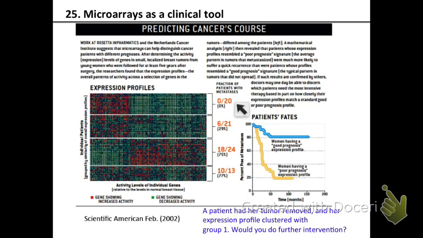And now you're wondering if you want to do further intervention, which is very unpleasant and has lots of side effects. You want to decide whether you want to do this or not. What would you do? Would you go ahead and do this really bad further intervention? No, right? Because you have the power of deciding. For this particular patient, I predict that this patient is not going to have metastasis, right? Because of that gene expression profile.